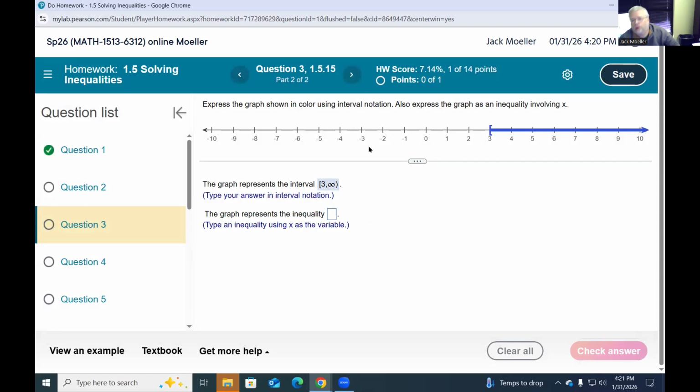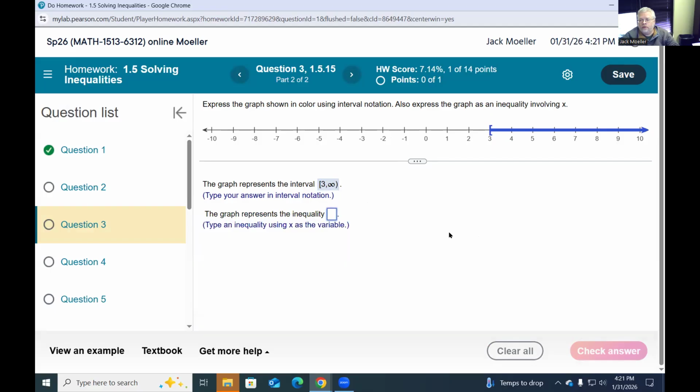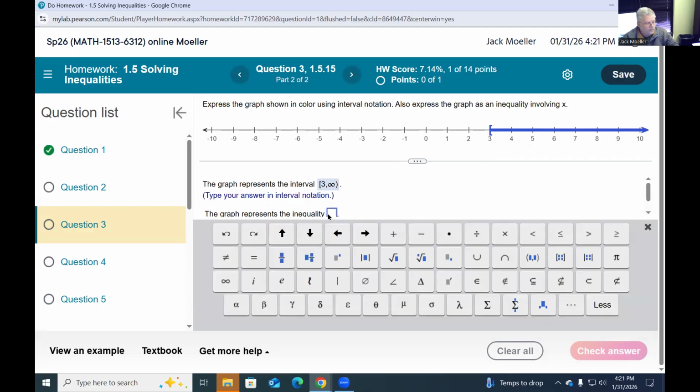Oh, okay. So now it also expressed the graph as an inequality. Basically we got the answer, now we're working backwards. So how do we do this as an inequality? What that means is, is x greater than or less than something, and is it equal to or not equal to? So start with x.